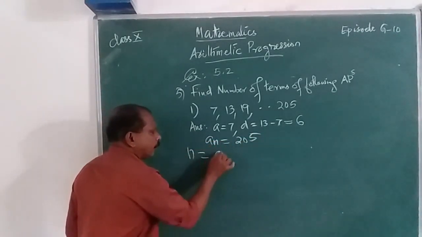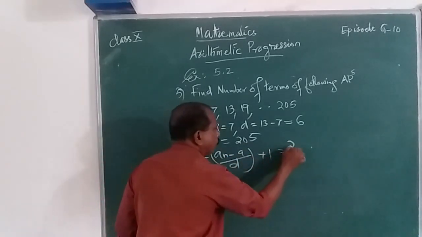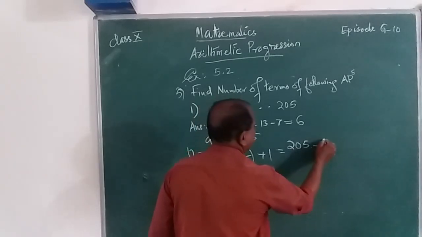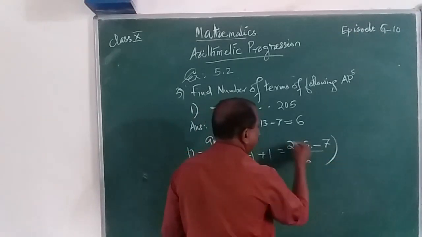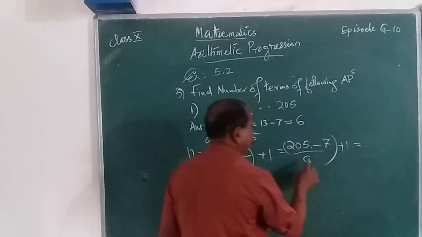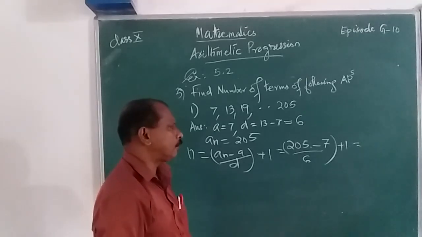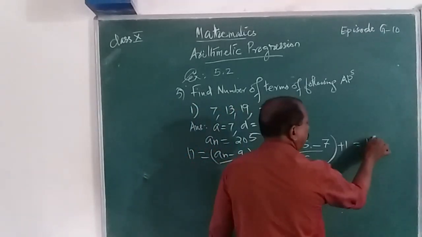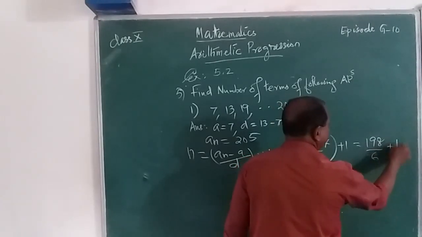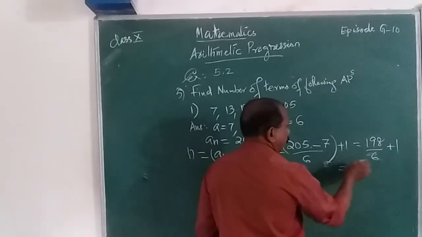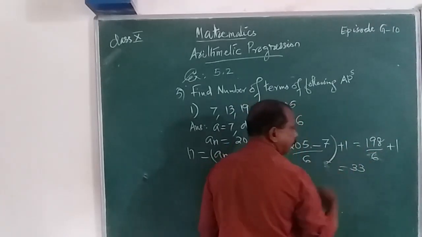Therefore, n is equal to (an minus a) by d plus 1, which is 205 minus 7, that is 198, divided by 6, plus 1. 6 33s are 198.